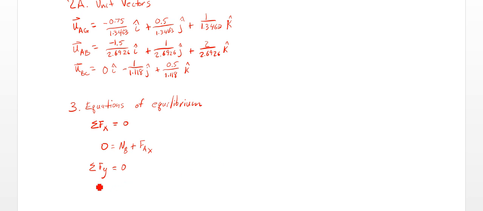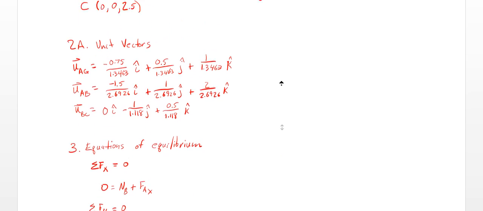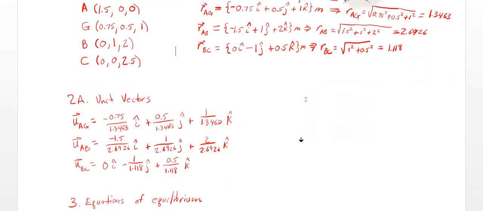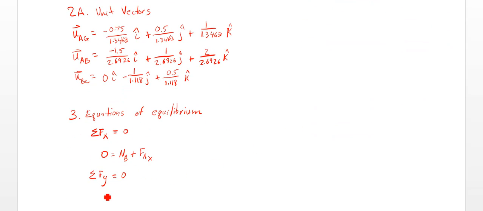Sum of forces in the Y direction equals 0. What does that mean? Go back up here. So I have FAY here. This weight is not acting in the Y direction. This normal force is not acting in the Y direction. This tension does have some acting in the Y direction, so we'll have to include that. So 0 equals FAY, and I'm just going to write these all as positive.